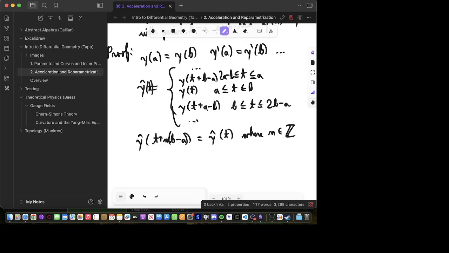And is it regular is the question. We know that gamma is a regular curve, so at every point except these boundary points, we know that it's going to be smooth and effectively regular. We just have to check these boundary points.